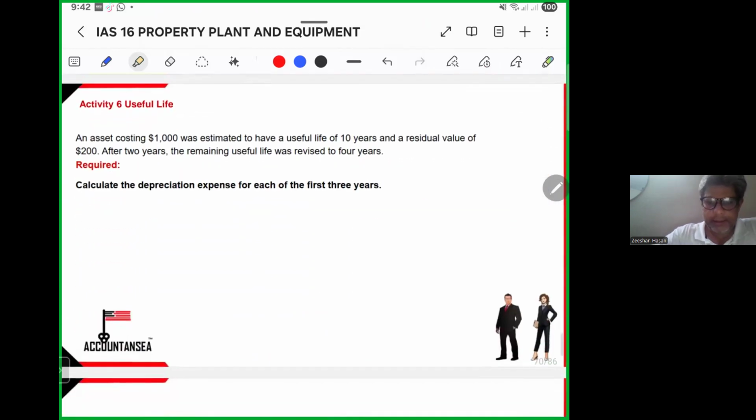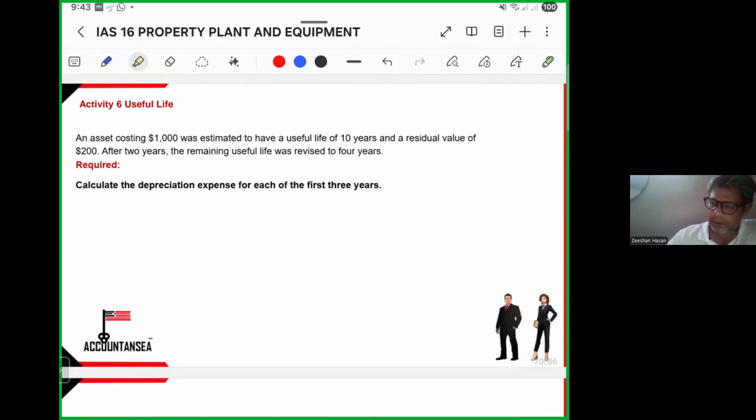Now let us do another example. An asset costing 1000 was estimated to have a useful life of 10 years and a residual value of 200. After 2 years, the remaining life was revised to 4 years. Calculate the depreciation expense for each of the first 3 years.